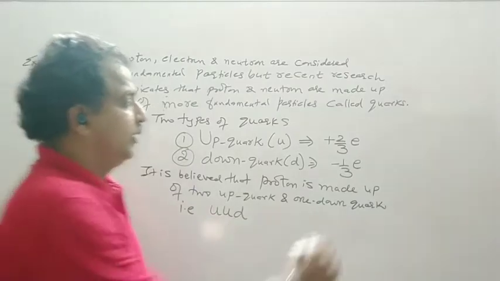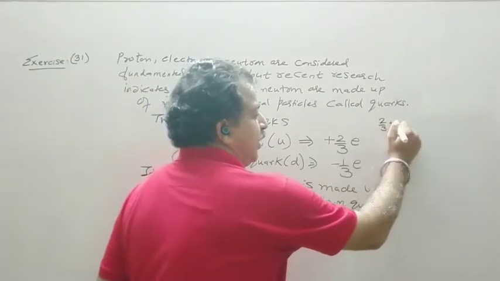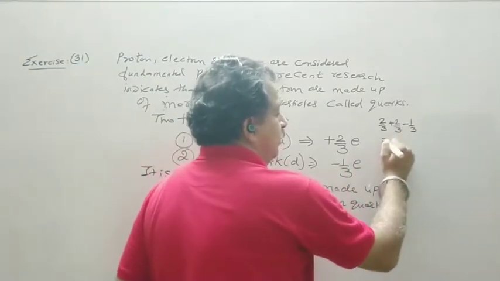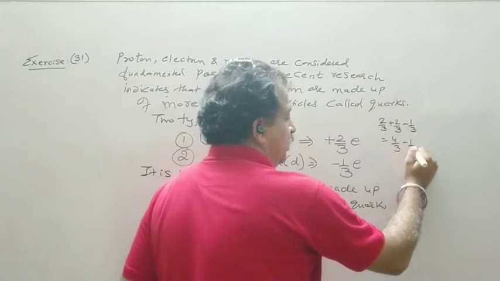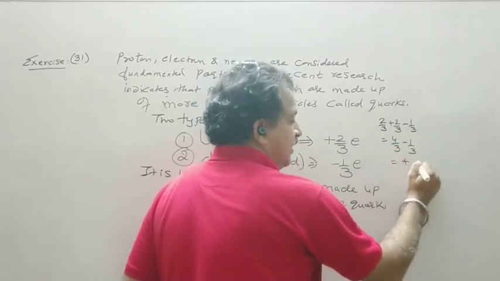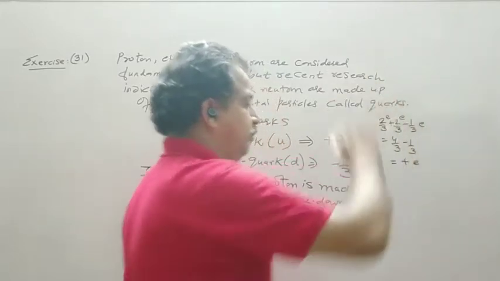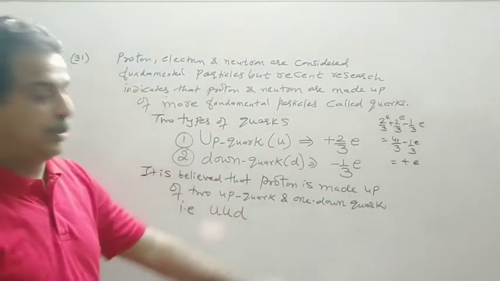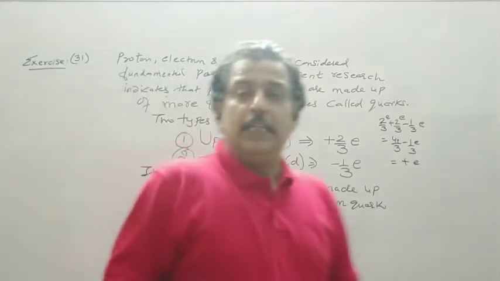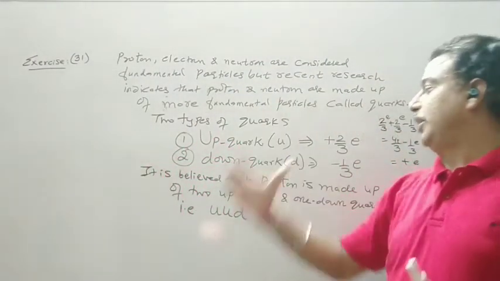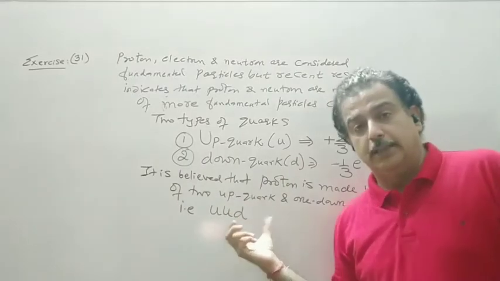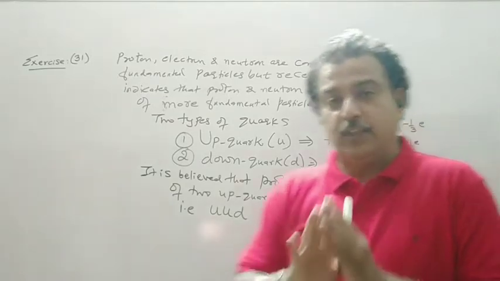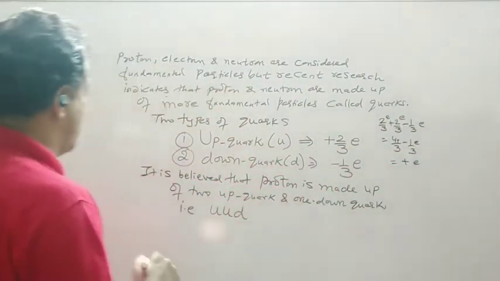So 2 up quarks means 2 by 3 plus 2 by 3, and 1 down quark, that is minus 1 by 3. So it becomes 4 by 3 minus 1 by 3, that is again plus e. So again the answer comes out to be e. It means if we believe that a proton is made up of 2 up quarks and a down quark, then the charge of the proton comes out to be plus e, which means there is no violation of the quantization of electric charge.